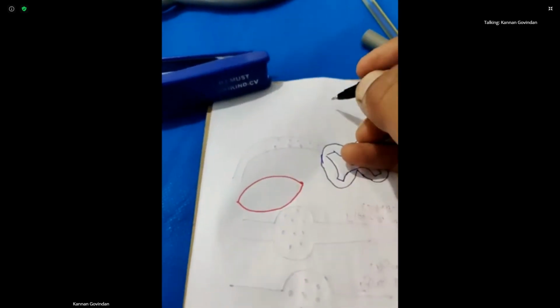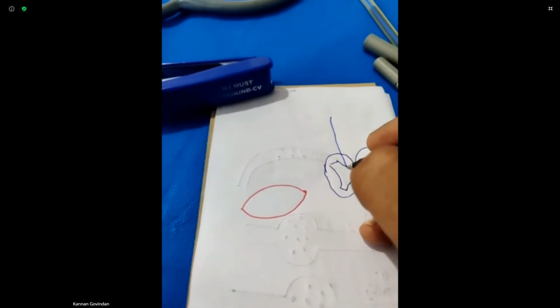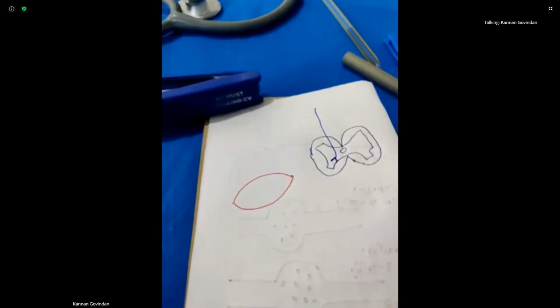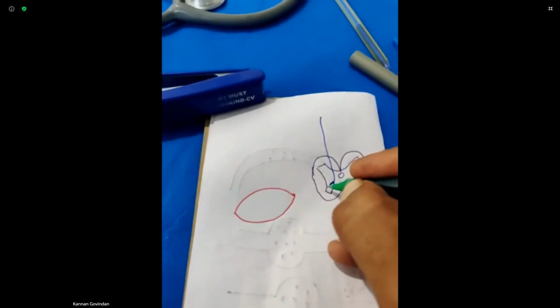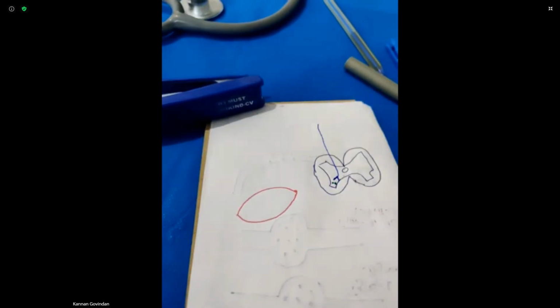From the descending motor pathways, these will come and end in anterior horn cells. From the anterior horn, we'll be having two types of motor nerve fibers.